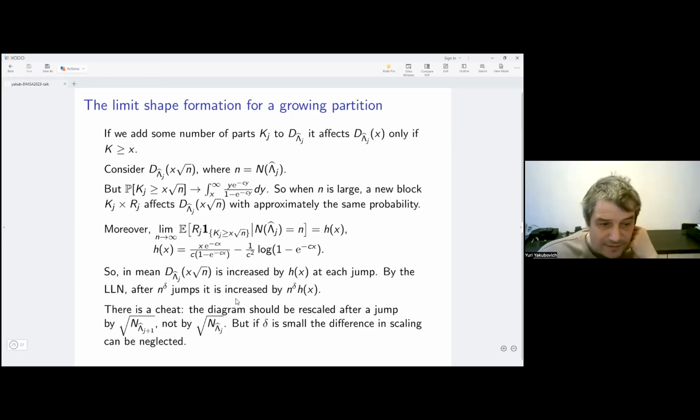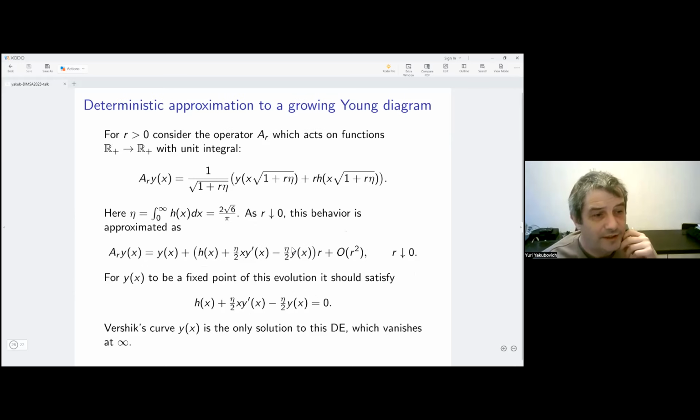But if we don't consider too long periods of time, so we take this power delta to be very small, then we can neglect this. We can ignore this rescaling. It doesn't mean much.